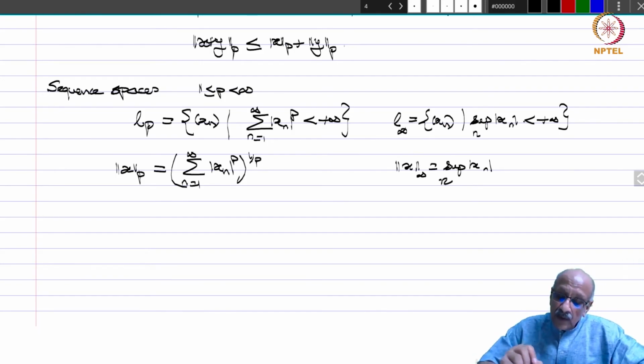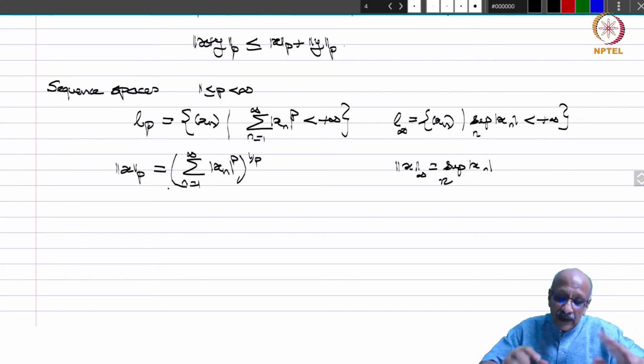Okay, so I will leave it to you to check that, just as we did in the ℓ^∞ case in finite dimensions, here also it is obvious that this satisfies all the properties of a norm. So we again have to show here that this is a norm. But before that, we don't even know that ℓ^p is a vector space. If you take a sequence (x_n) in ℓ^p, multiply it by a number alpha, then of course alpha x_n is also summable.